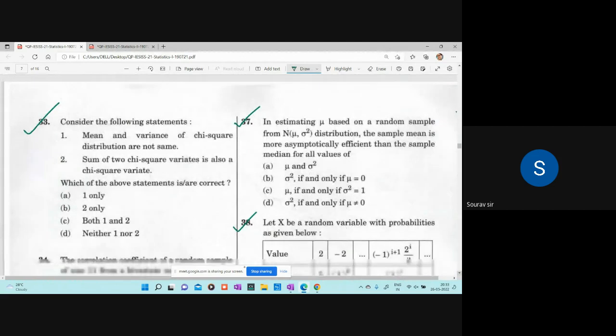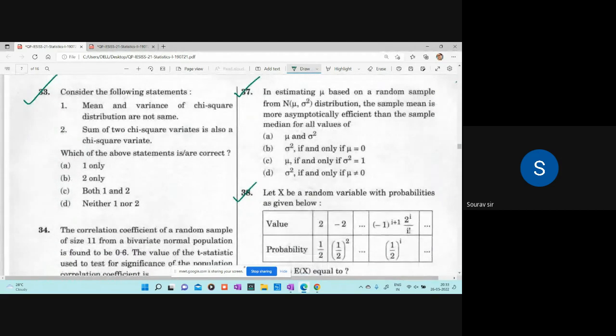Okay. Question number 33. So they are saying that mean and variance of a chi-square distribution are not same. The sum of two chi-square variates is also a chi-square variate. So they are asking, suppose I have chi-square with n degrees of freedom. So obviously the mean and variance are not same. This is their first claim.